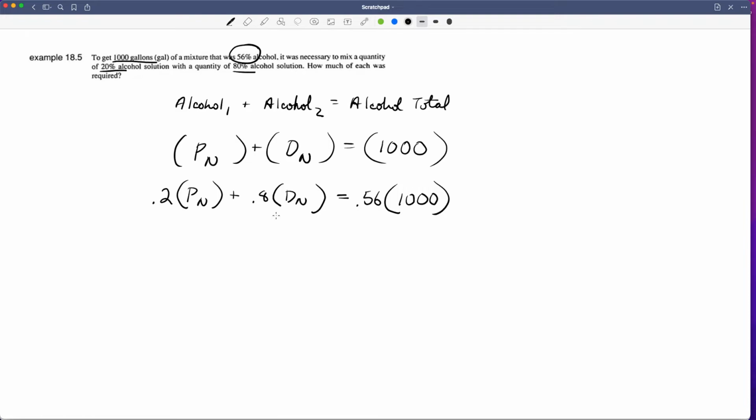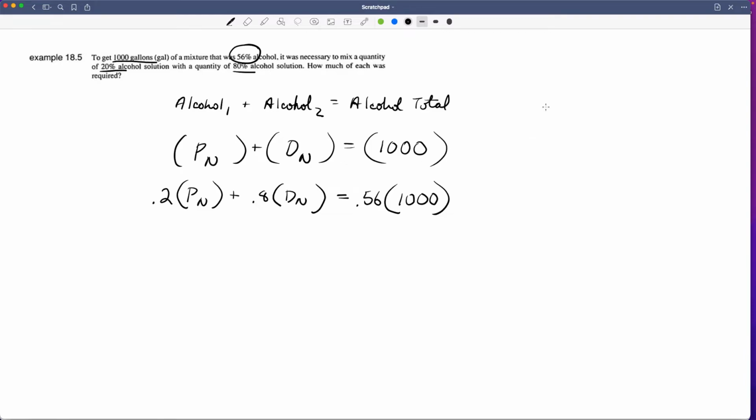All right, so now we have the original unknown, and now we have the percentage unknown, and we're going to use that to substitute. So I'm going to figure out what I can substitute for Pn.